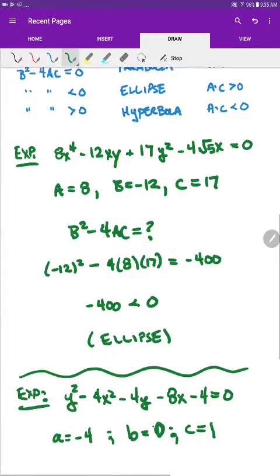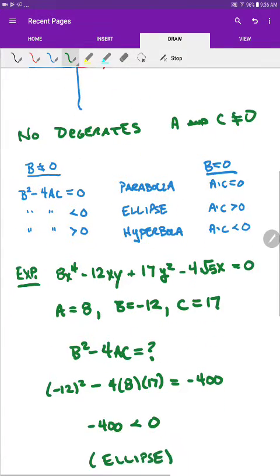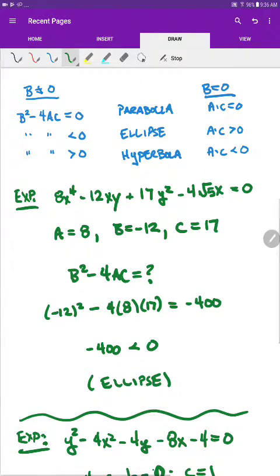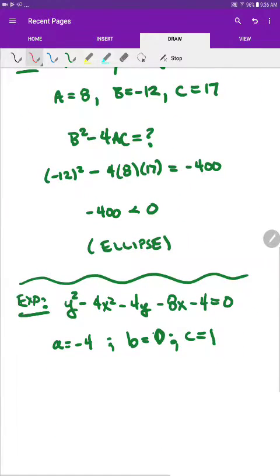We can use either equation, and it might be best just to concentrate on this equation, so you don't confuse yourself with the signs over here. So I have b squared minus 4ac equals what?